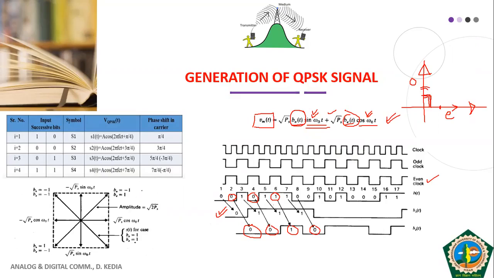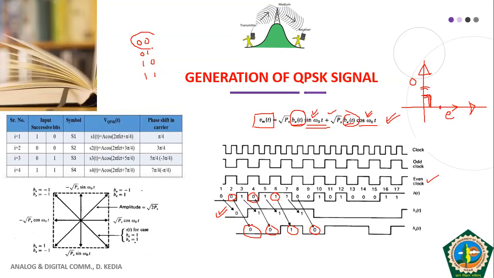In BPSK, we transmitted one bit at a time, either 0 or 1. Whereas in QPSK, we transmit two bits at a time: 00, 01, 10, 11.